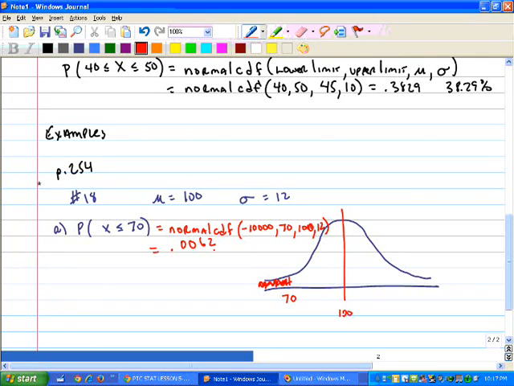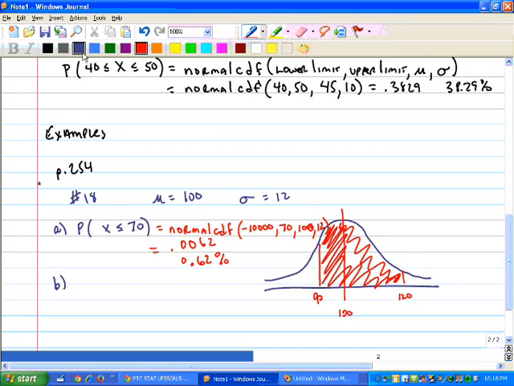0.0062, which is 0.62%. Part B in number 18 says find the probability utility bill is between $90 and $120. So we're looking for the area under the curve between 90 and 120, or the probability that our random variable X is greater than or equal to 90 and less than or equal to 120.